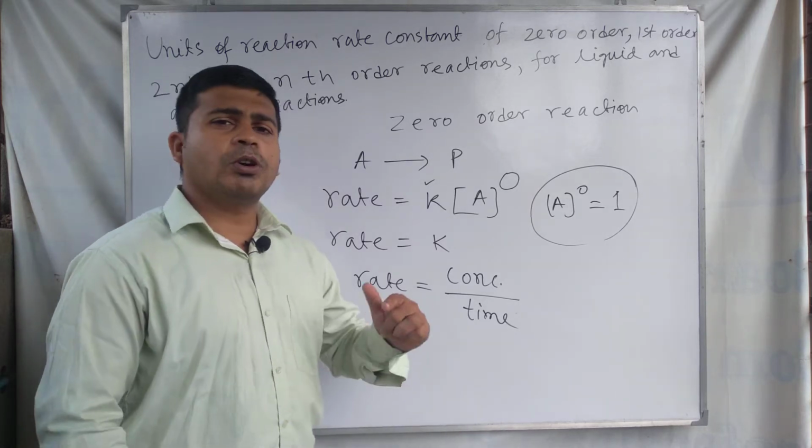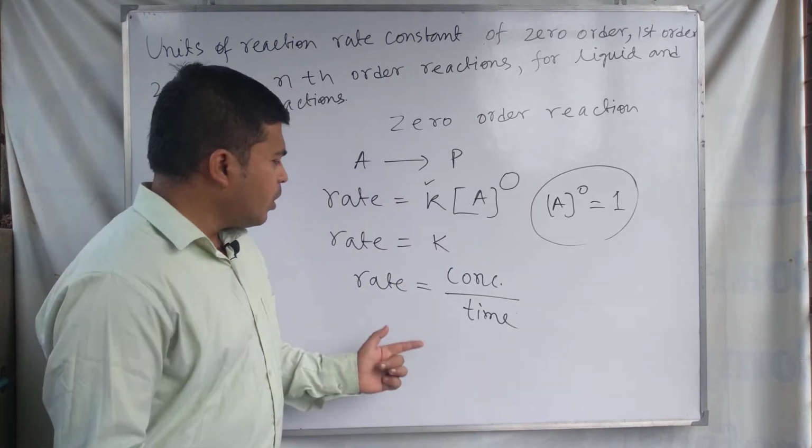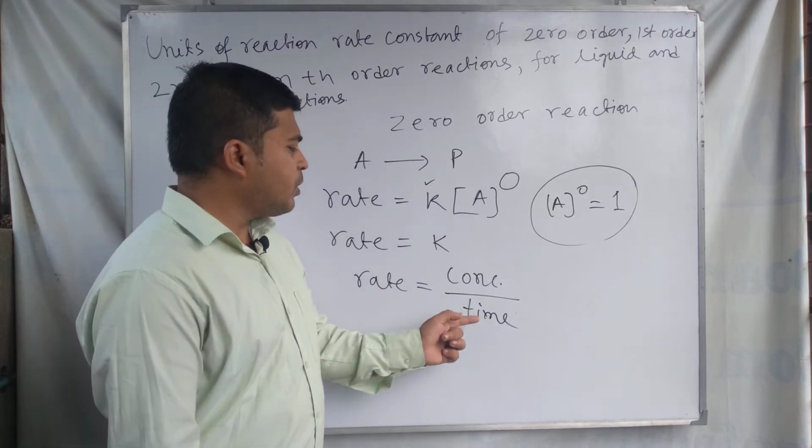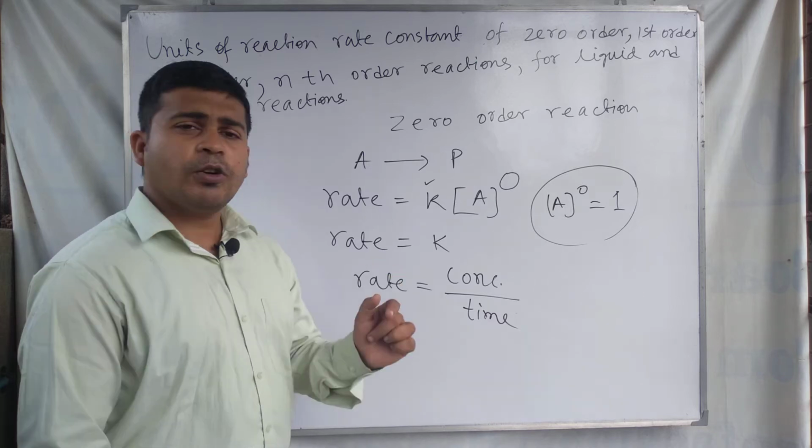That may be with respect to reactant or product. The rate of change of concentration of reactant or product with respect to time is defined as the rate of reaction.